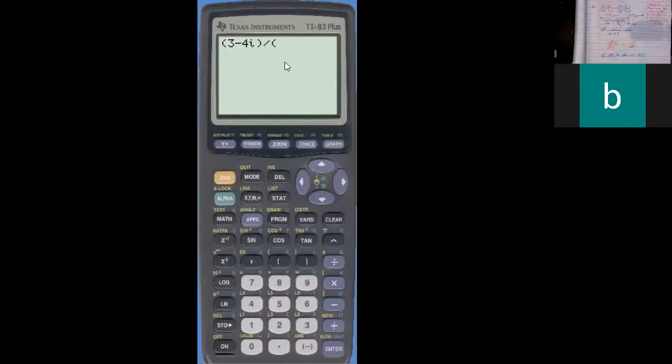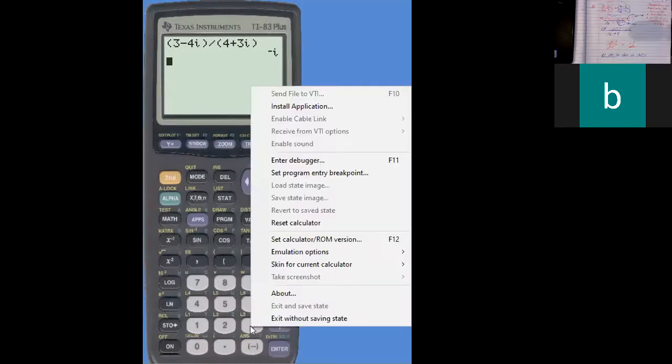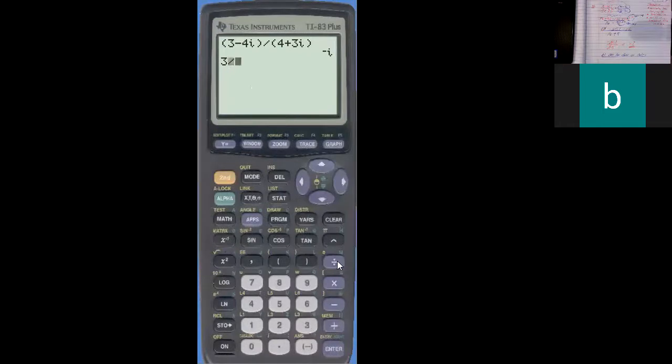So it's divided by 4 plus 3i, close parentheses, enter, and we get negative i. Right? And even the one before that, we had 3 divided by 4 plus i, enter, gave us that horrible thing.